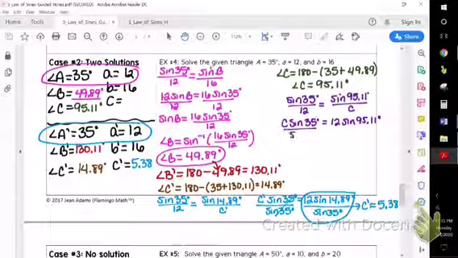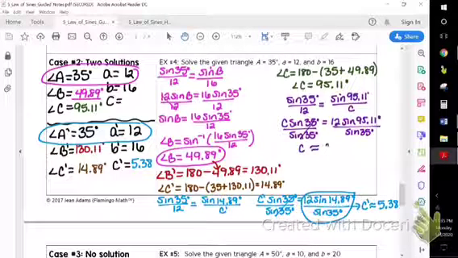Solving for C, so divide by sine of 35 degrees. And so C is approximately, I got 20.84.